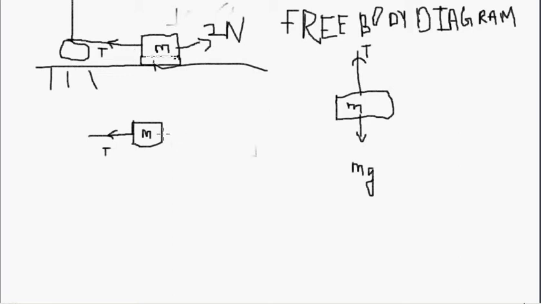So this would be 2 Newton. This is frictionless, so the equation will be something like this: T minus 2 equals ma, assuming that the tension force is greater than the applied force.